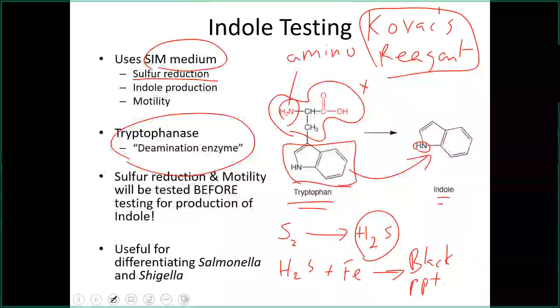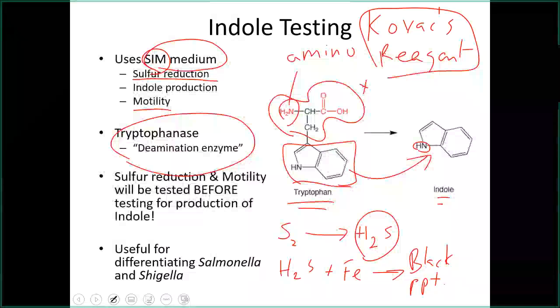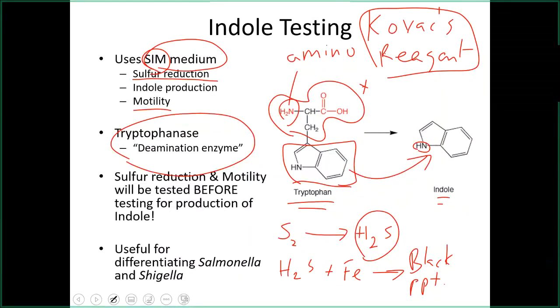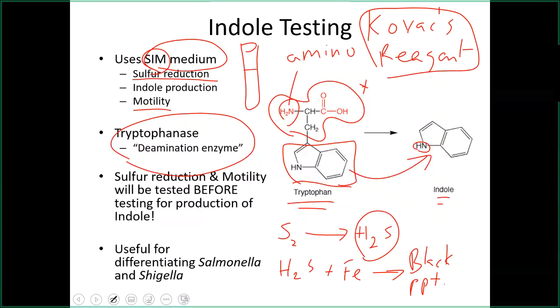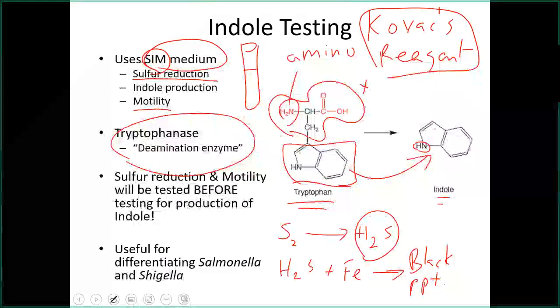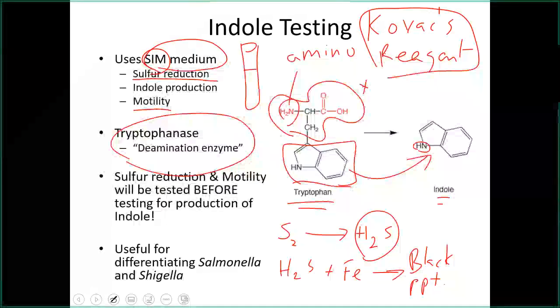And then the last thing is motility. You can see here the acronym SIM, right? Sulfur, indole, motility. Motility is assessed using this agar. Here's the tube of the SIM agar. When we inoculate it, we take an inoculating loop that has been de-looped.